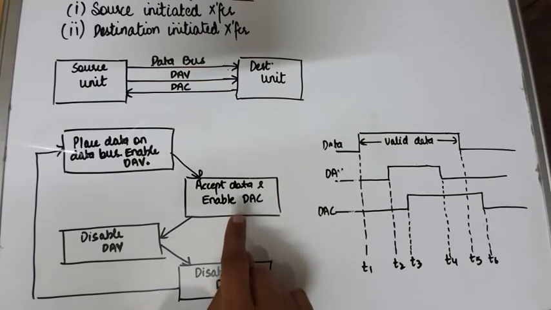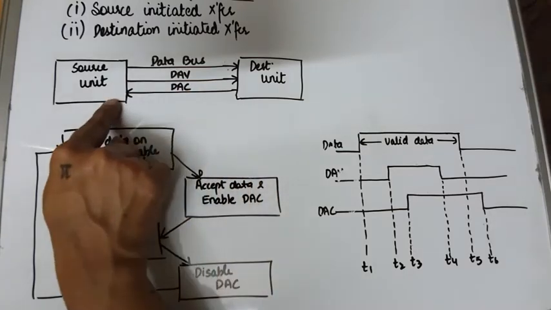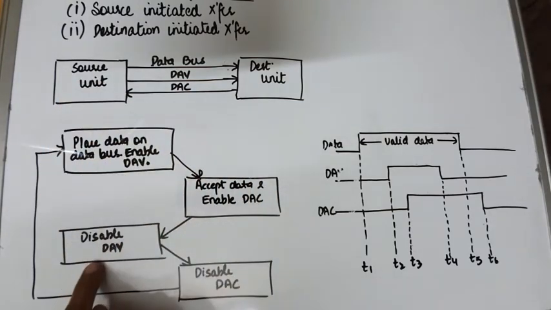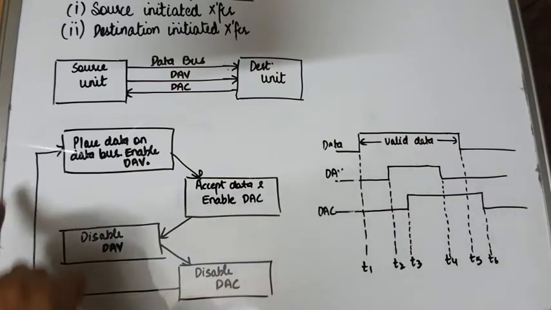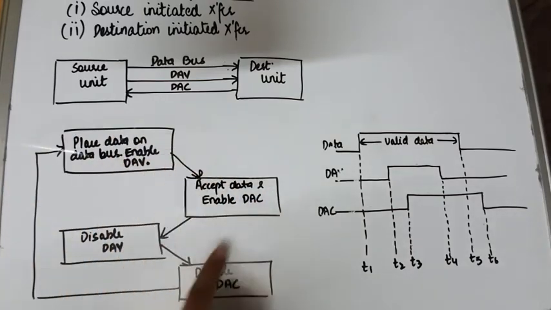When DAC is sensed by the source unit, after some time it will disable the DAV signal. After the DAV signal is disabled, the destination unit will disable the DAC. This is how the transfer takes place between the source and the destination unit.